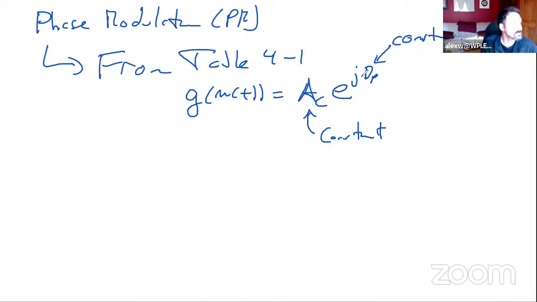But what's interesting is it's going to look like this. It's going to be d_p m of t. So whatever signal I had, like that previous waveform, well, holy smokes, it's going directly into the phase term. So as a function of time, this phase changes as a function of m of t. Wow, that's fantastic.